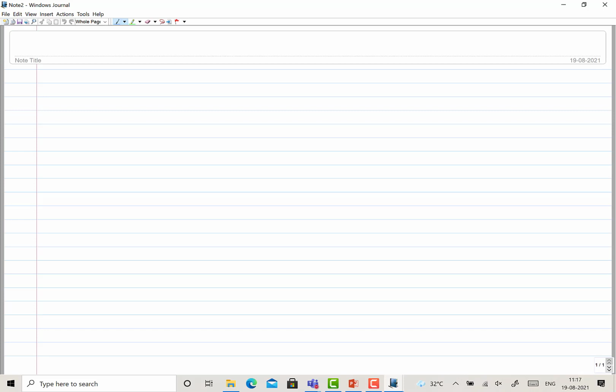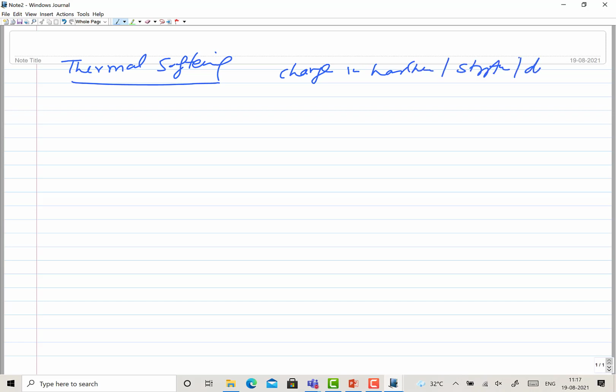Coupled with this is, I hope you might have heard the word, thermal softening. Thermal softening is about how the hardness, strength or ductility, these characteristic mechanical properties, are affected by temperature variation, especially on the higher side.